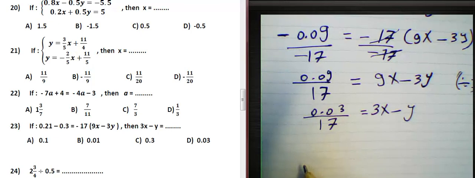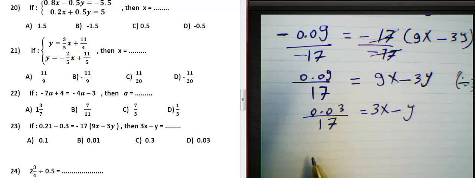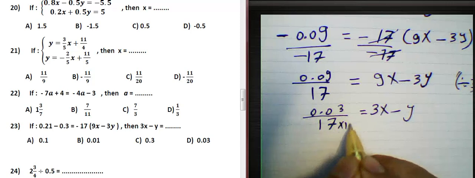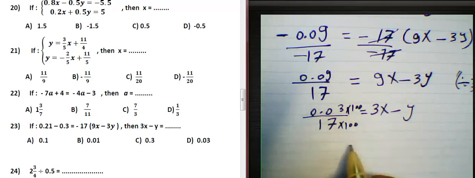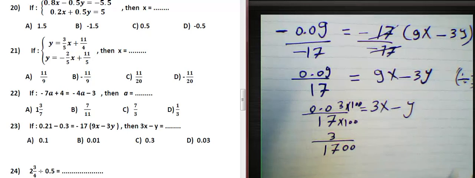Okay, you want to find 3x minus y. We can simplify it by multiplying by 100, here and here. The result will be 3, and here it will be 1700.